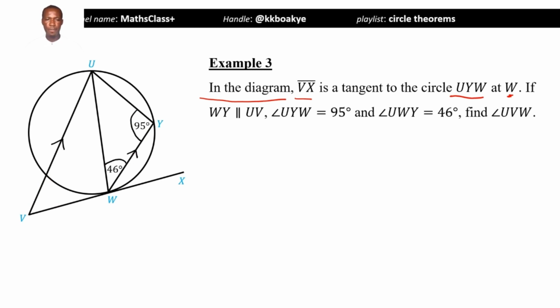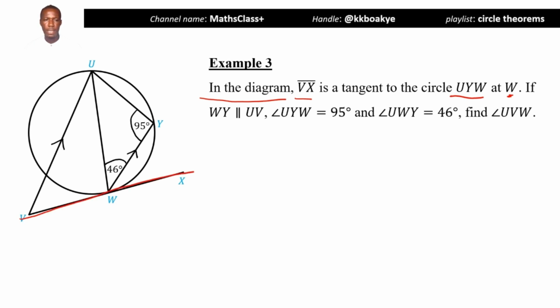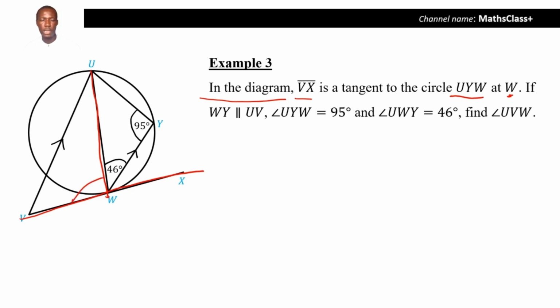Now let's look carefully at the diagram. We have tangent VX meeting the chord UW. Now the angle between the tangent and the chord in this segment should be equal to the angle subtended by the same chord in the alternate segment.